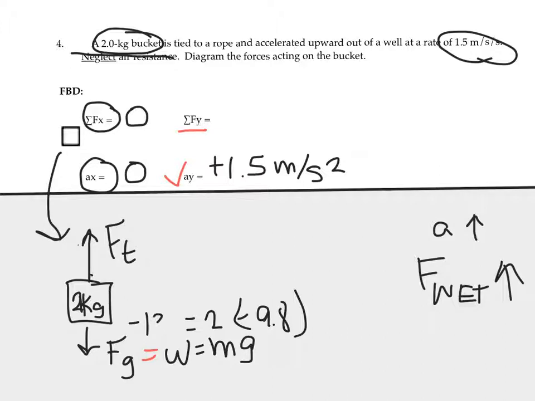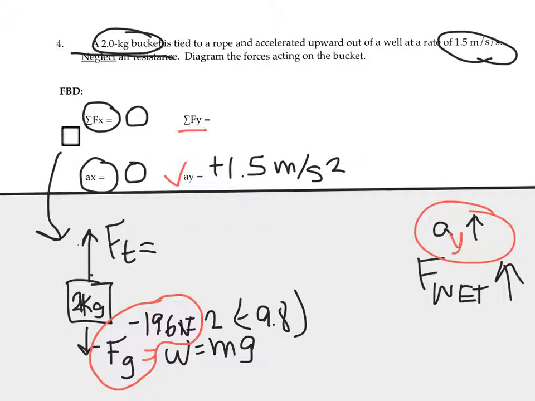So in the downward y direction, the force of gravity is negative 19.6 newtons. Now, the tension force going up is not equal, because we have acceleration in the upward y direction, so there must be another way to figure that out.